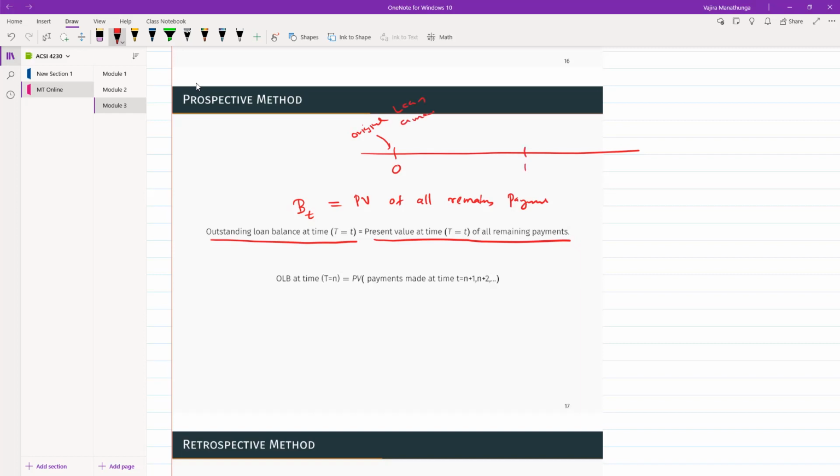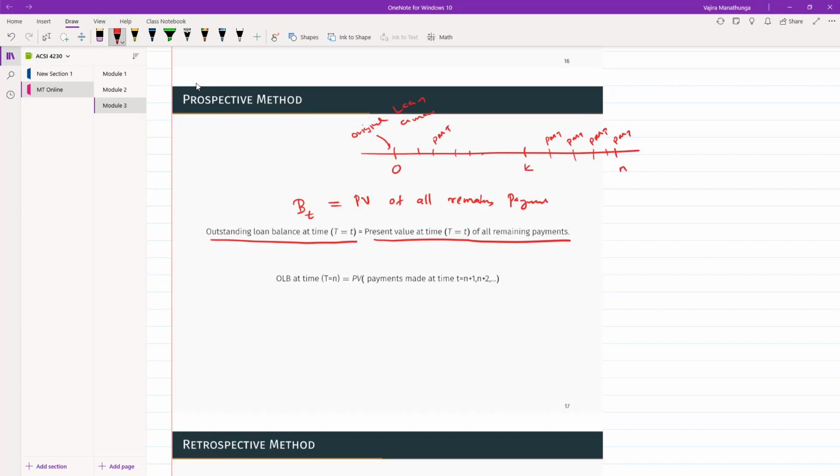And then here is some time k, and then this is the end. So you have these payments, and here also you have a payment.